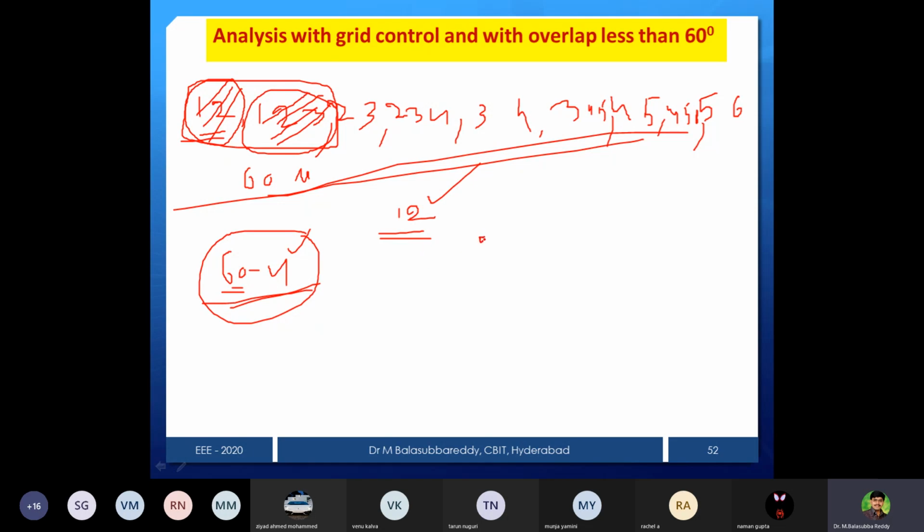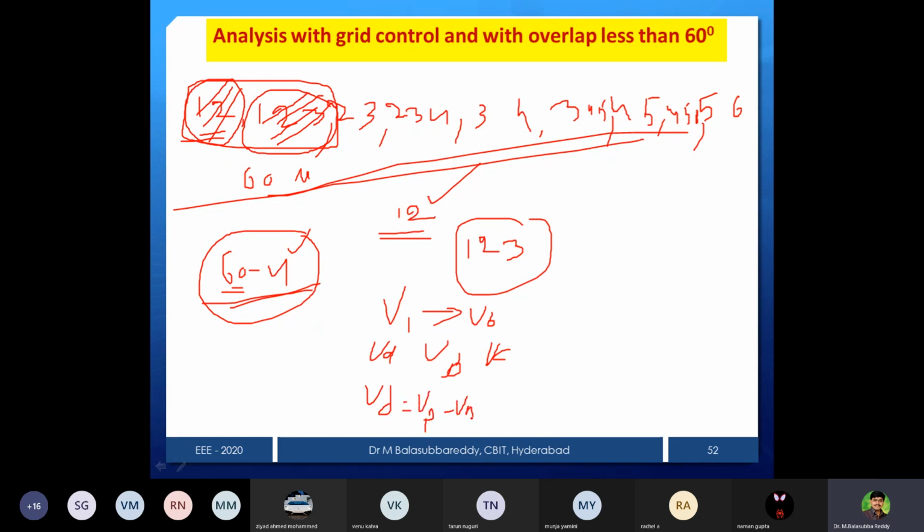Similarly, I want to know, if 1 2 3 is conducting, V1 to V6, then VA, VB, VC, then VD also, that is nothing but VP minus VN, then IA, IB, IC, then I1, I2 up to I6. All these quantities I need if 1 2 3 is conducting.